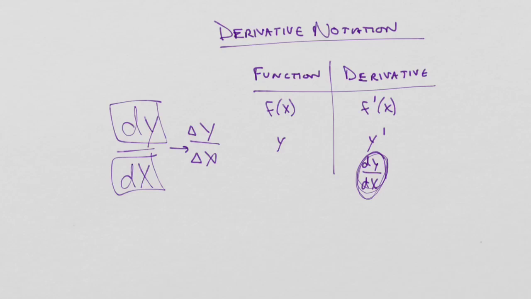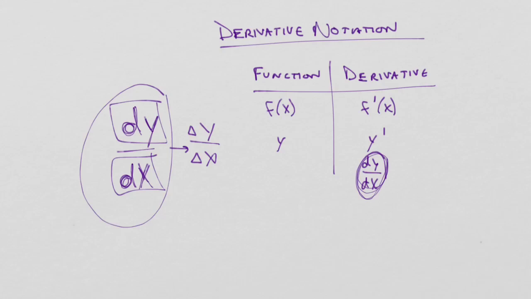What we're finding when we find our derivative is an instantaneous change in y over an instantaneous change in x, an infinitely small change in y over an infinitely small change in x, and that is what this notation is showing us.